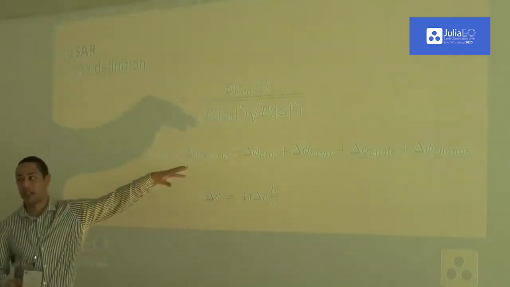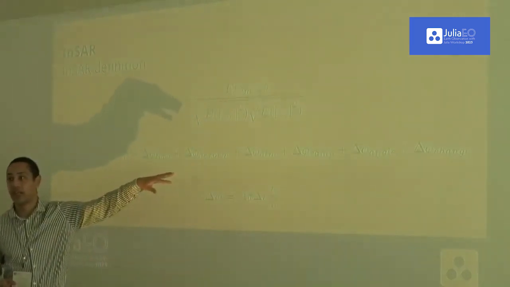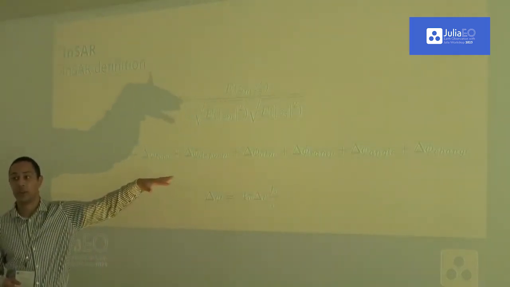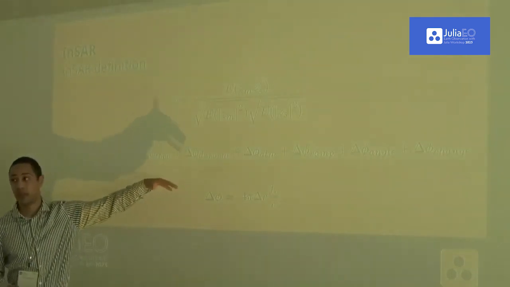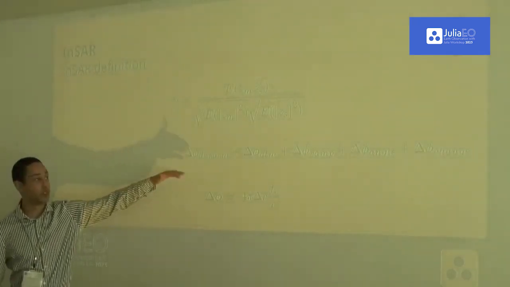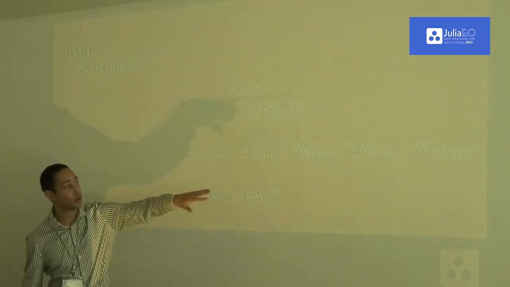Then you have a term due to the deformation, and that is for many applications what you're going after. But then there are also other terms, like atmospheric changes, which can cause a signal because they change the speed of the radar pulse, which can cause a slight phase change. And then you also have all the things related to if the surface changes.